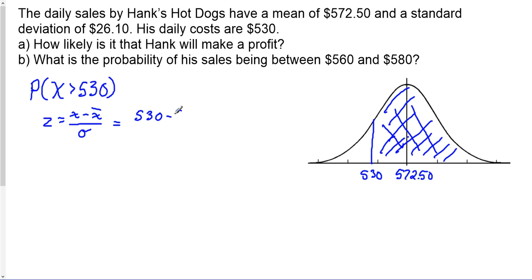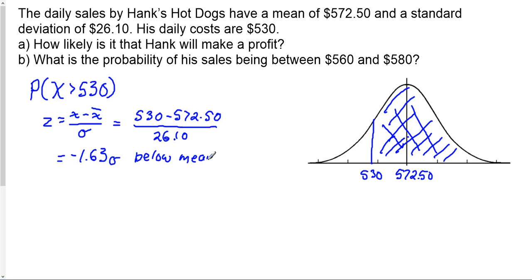We're going to subtract the mean value, 572.50, and then divide this whole thing by the standard deviation that they give us, which is 26.10. We punch this into our calculator and we get a z-score of negative 1.63. So this tells us that our value, 530, is 1.63 standard deviations, and it's negative, so this means that we are below the mean. And that matches up with the diagram that I drew on the left hand side.